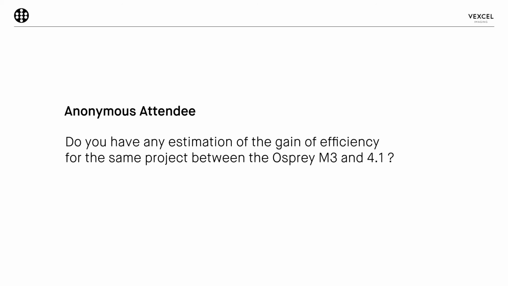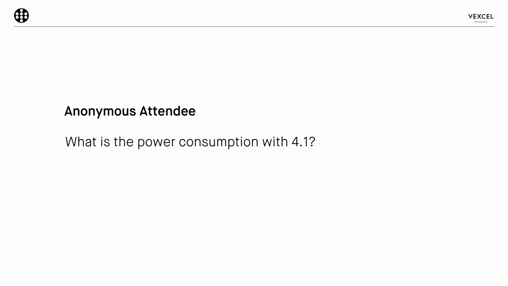So if you combine it and use a fast plane, you achieve around double the flying efficiency. This is what we see currently in our own VDP projects. We started with the M3 and now are moving our own flying to Osprey 4.1, and the efficiency is just breathtaking.